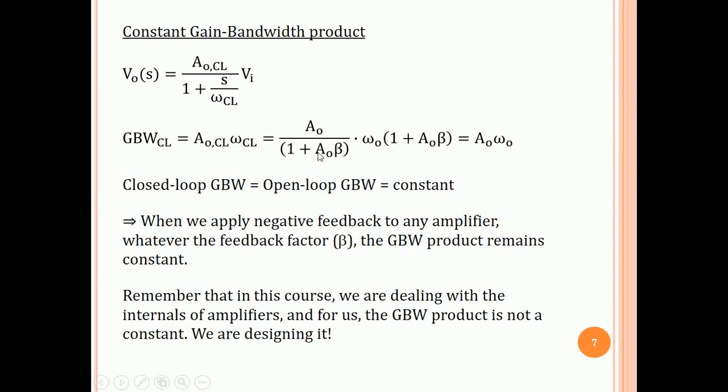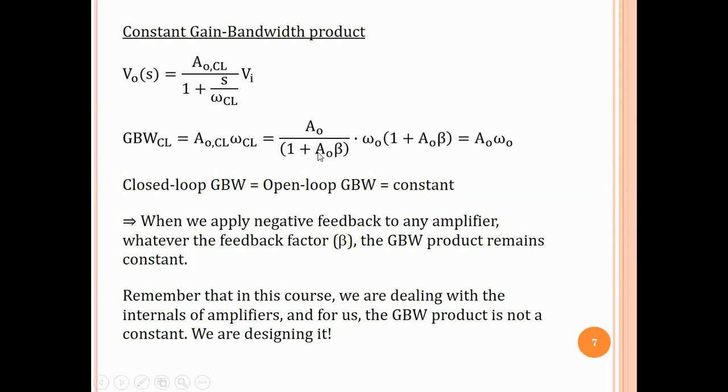Alright, this is what you learned in your undergraduate. What you learned is that the gain bandwidth product of an amplifier remains constant. The more complete statement is that the gain bandwidth product of an amplifier remains constant when negative feedback is applied to it and the feedback factor is varied.